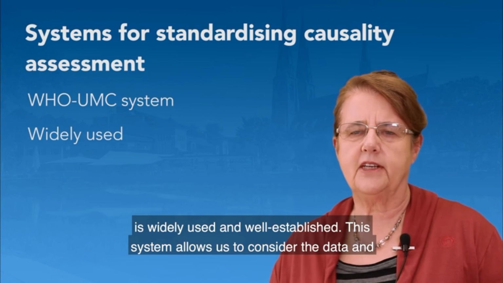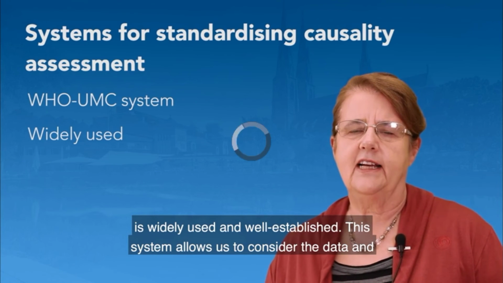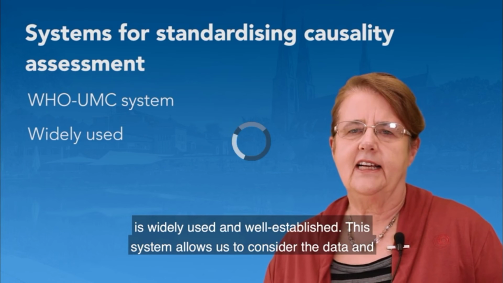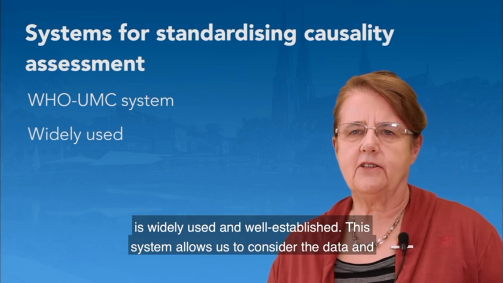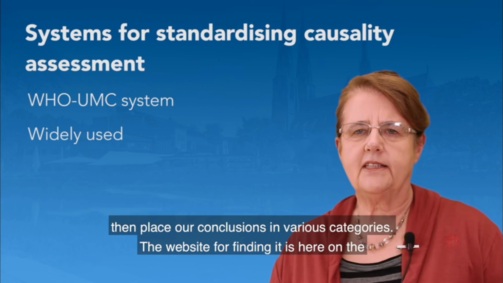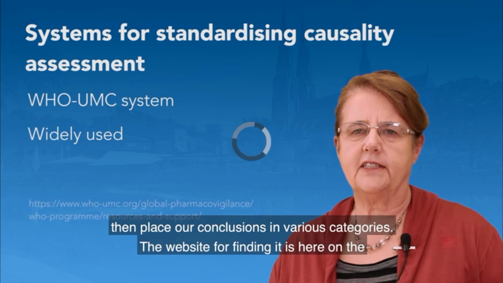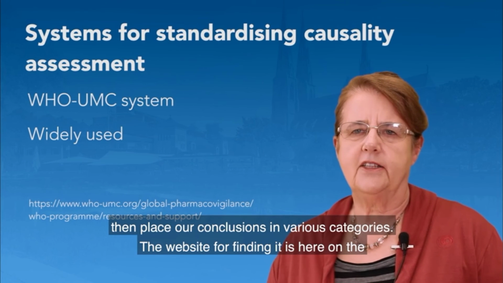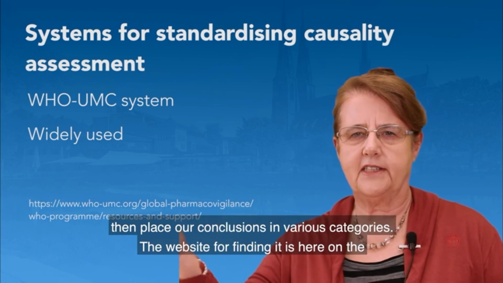This is widely used and well established. This system allows us to consider the data and then place our conclusions in various categories. The website for finding it is here on the slide.